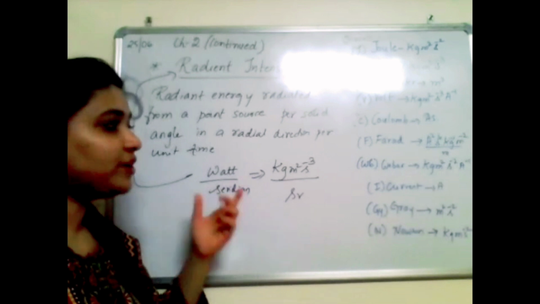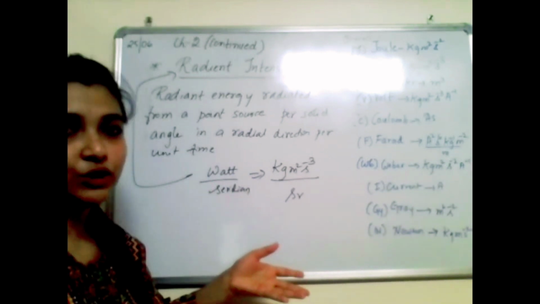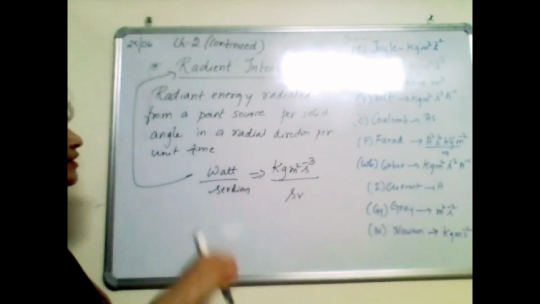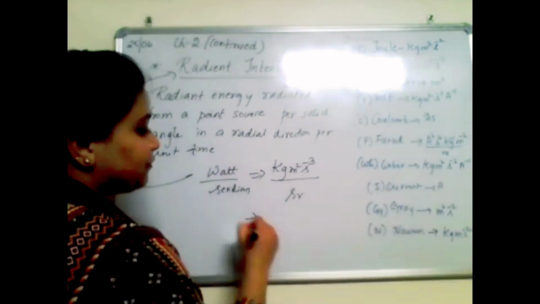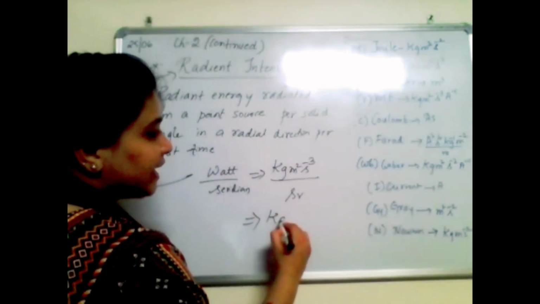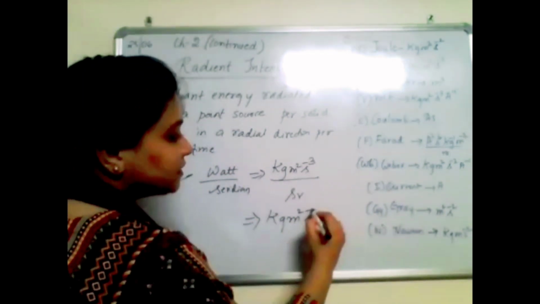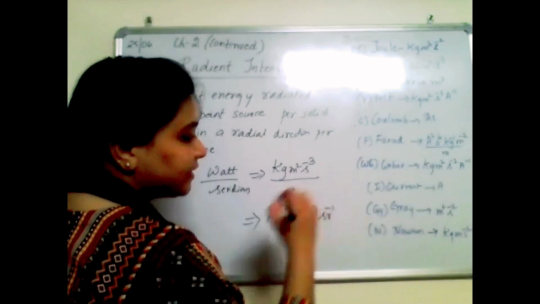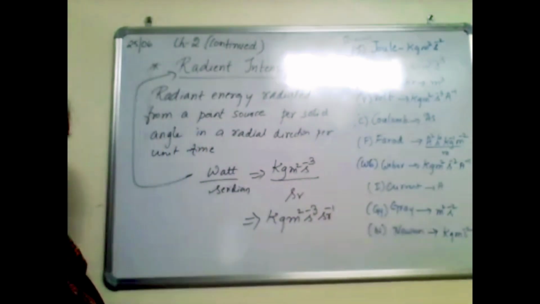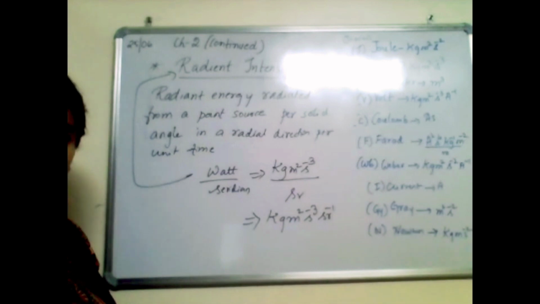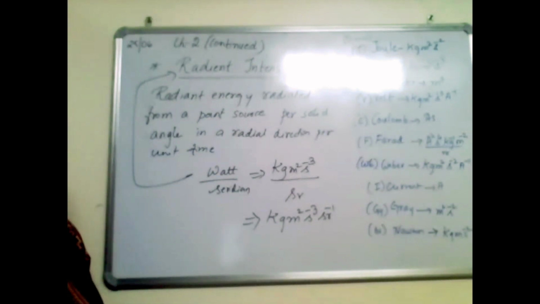So we write the final base unit as kg meter square per second cube per steradian. Clear, children? Yes, ma'am. Okay, good.